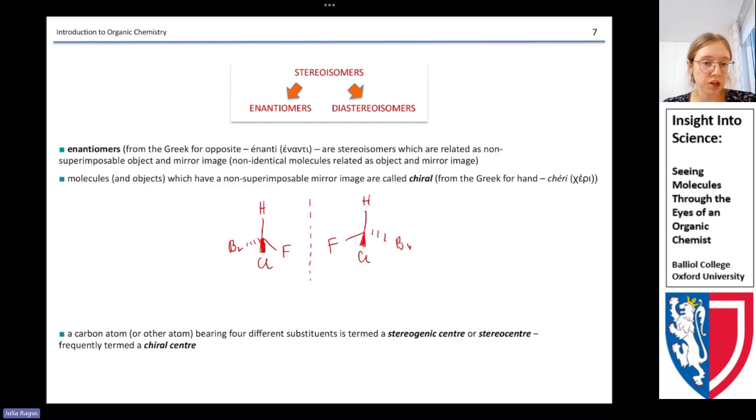So there we go. We've got our mirror image, and no matter how you rotate the molecule, you will not find any possible structure where these two molecules could overlap, meaning they are enantiomers.